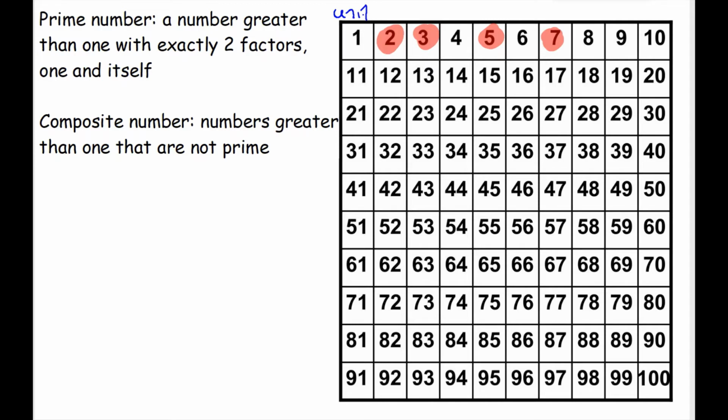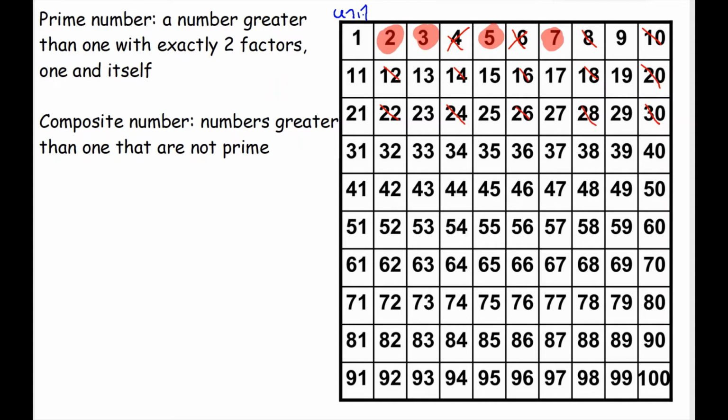Okay. So I'm going to cross off all the numbers that are multiples of 2 to start off with. Because if anything is a multiple of 2, that means it has a factor of 2, so it's not prime. So I have 2, 4, 6, 8, 10, 12, 14, 16, 18, 20, 22, 24, 26, 28, 30.